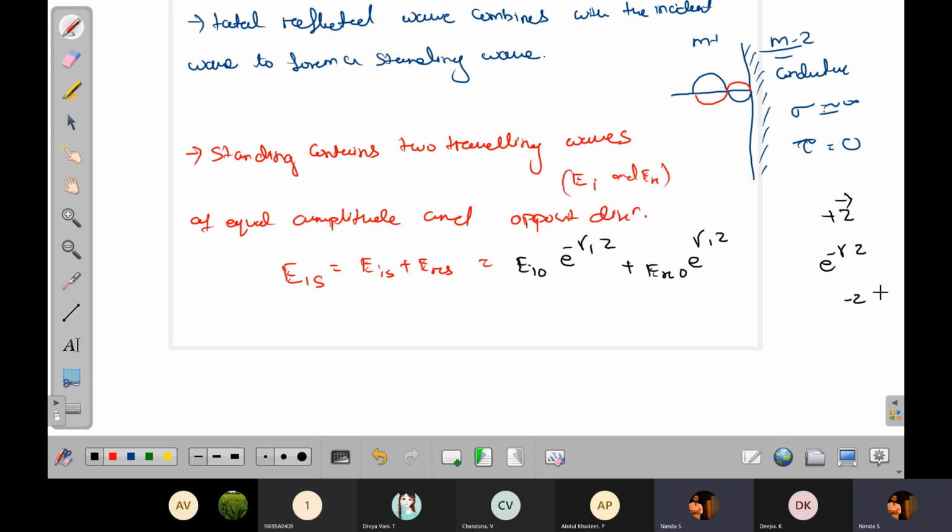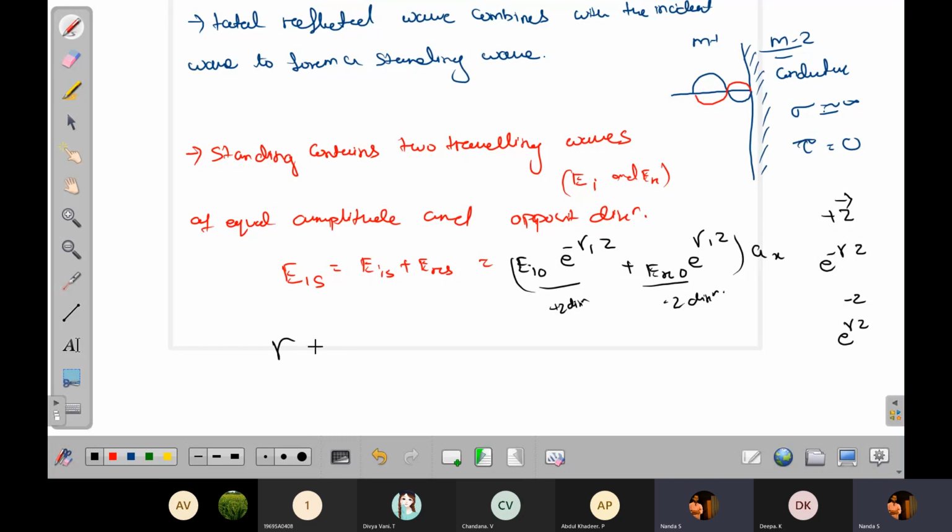When the direction is minus z, we have to write e to the power gamma z. In the bracket, for both, the E field component is in ax. Only the direction of propagation differs: this is the plus z direction, and this is the minus z direction, the reflected one.